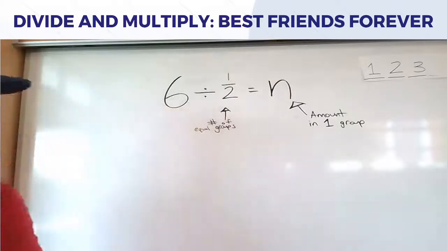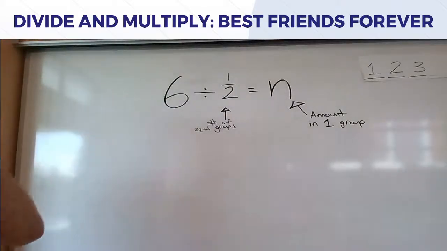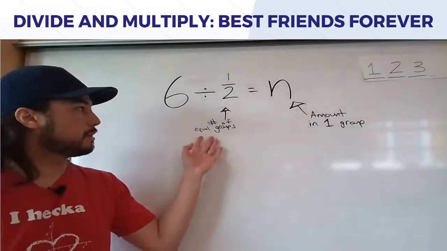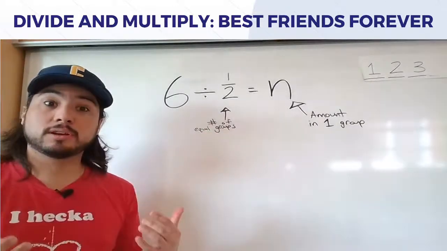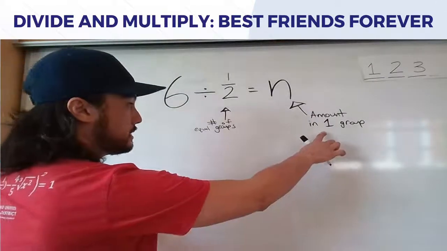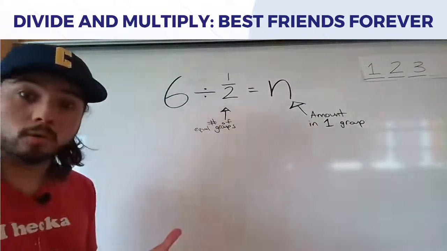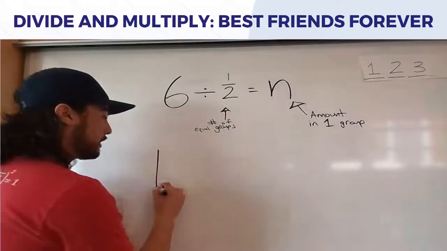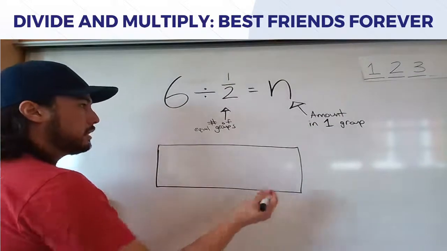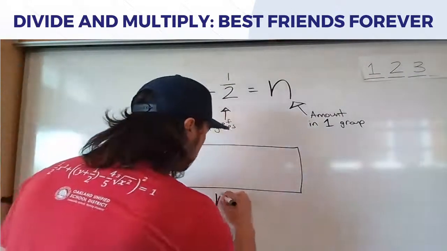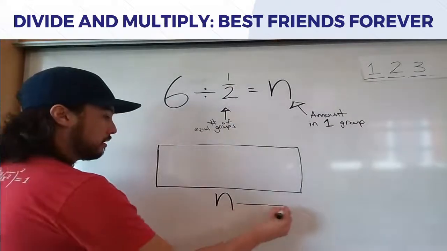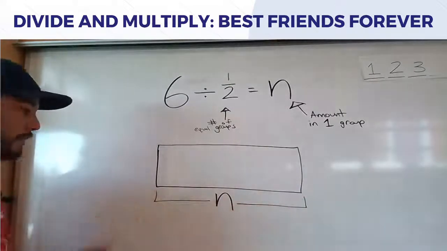In this case, we're still taking our 6 things and putting them into equal groups, except we're putting our 6 into 1/2. And this is still how much would 1 whole be. So this is where our fraction bars come in, and this is what you're going to see today on your exit ticket. So really, the whole thing, that's our n. N equals the whole thing here.